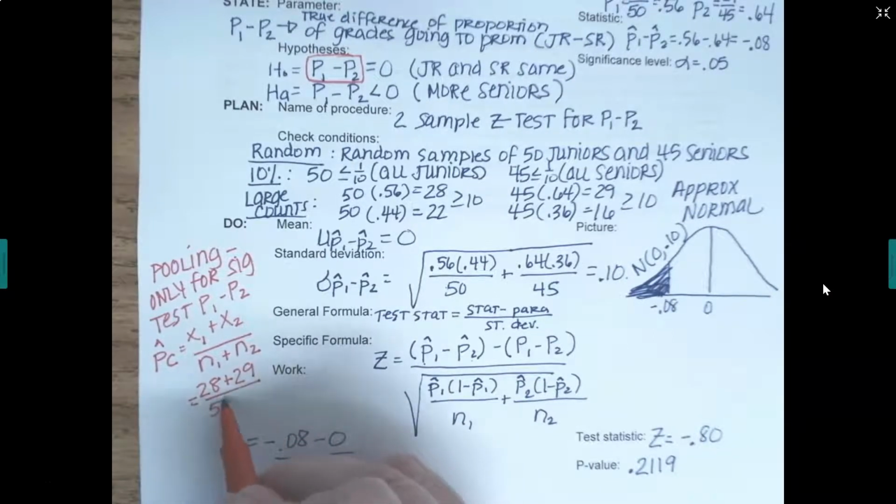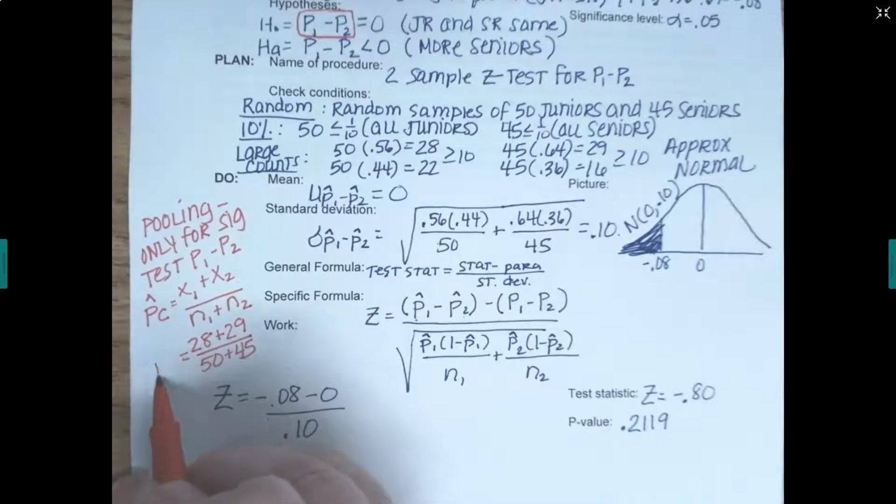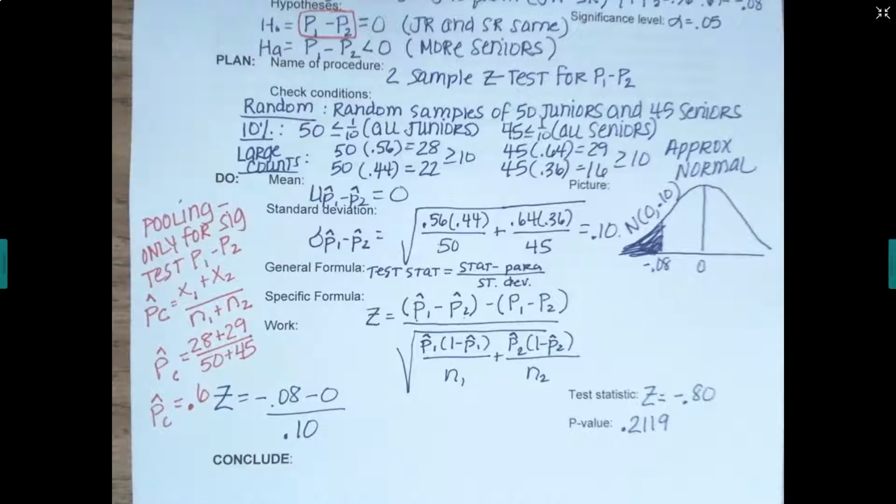There were 50 juniors plus 45 seniors, which gives us a pooled proportion of 0.6. So 60% of all of the people who were surveyed are going to prom is really what this is saying. That's the number that we want to use.